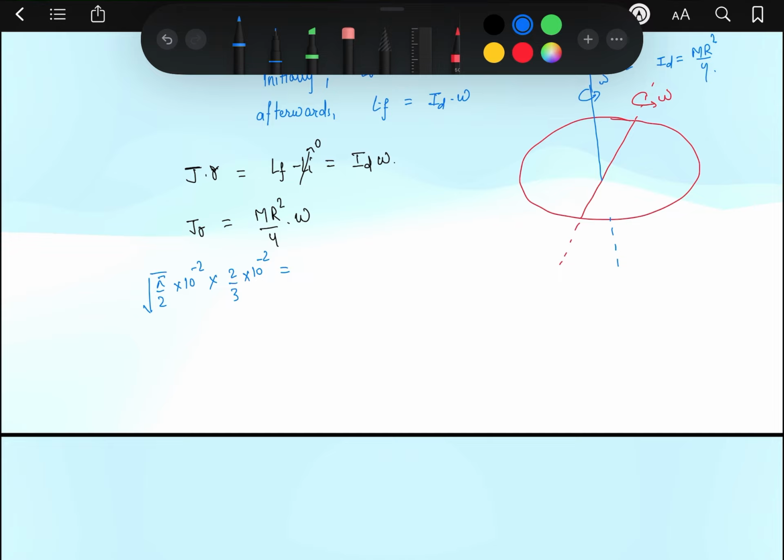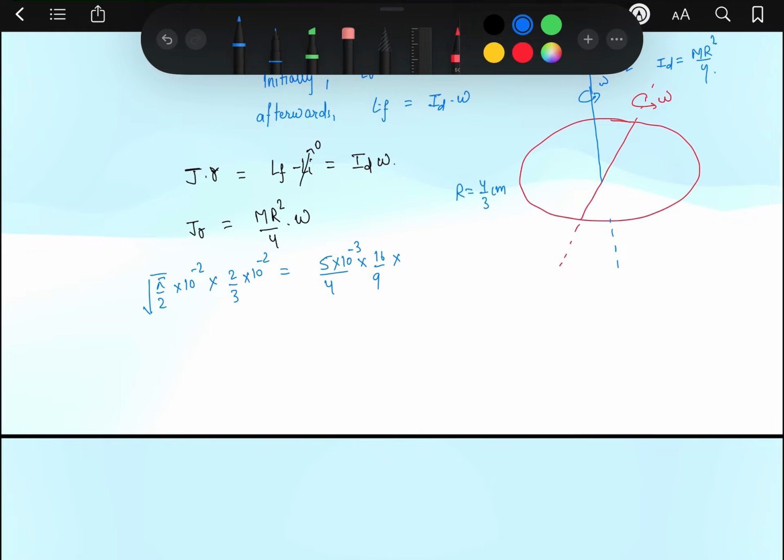That is equal to, the value of m is 5 grams, and in kilograms multiply by 10 to power minus 3, and divided by 4 multiply by the value of r square. R is equal to 4 by 3 centimeter, so it will be 16 by 9 multiply by, in meters, 10 to power minus 4 into omega.